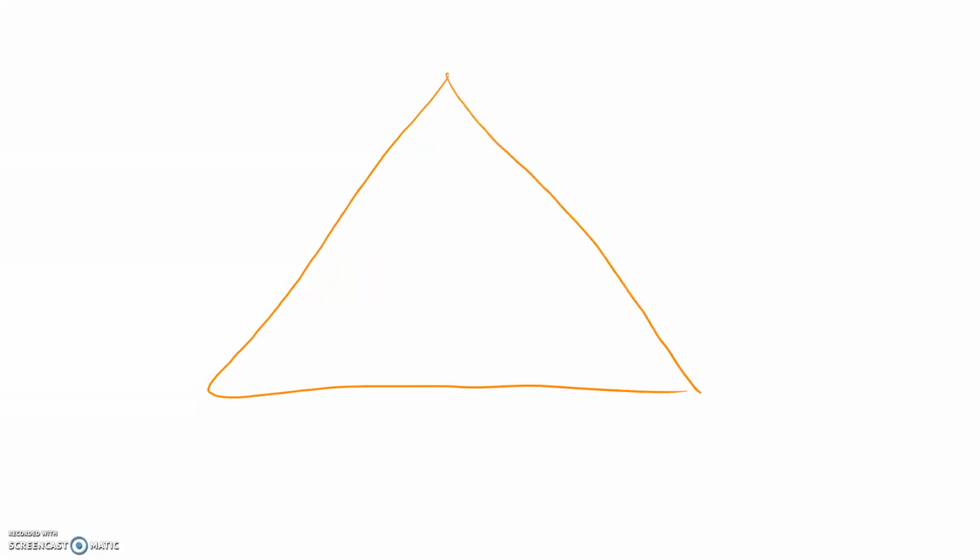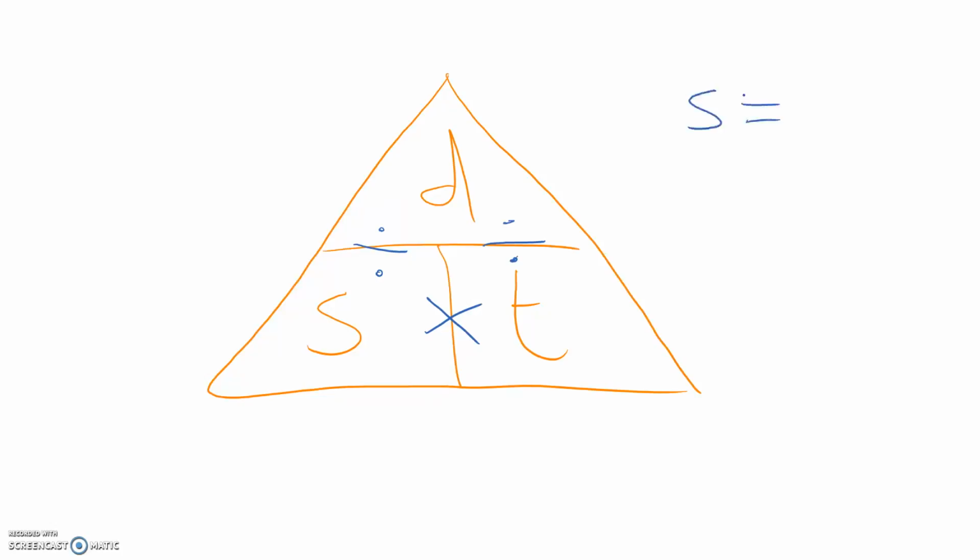So if you're still relying on a triangle method, where you've got, for example, speed equals distance divided by time, you need to remember that we've got a multiply here, and a divide here, and a divide here. So in other words, cover up the speed, we get equals distance divided by time.